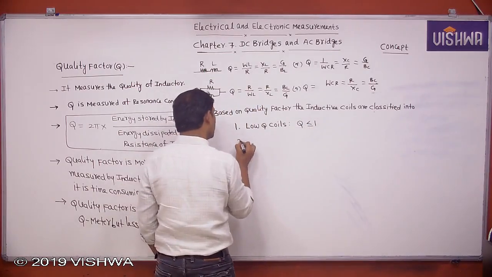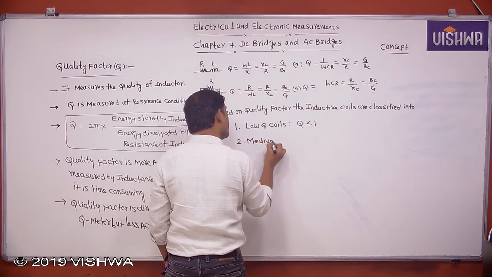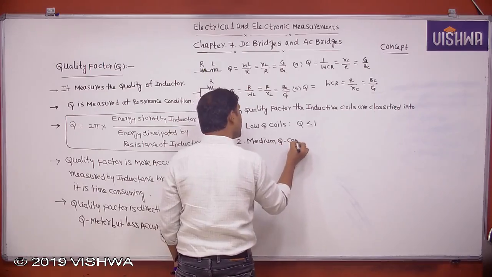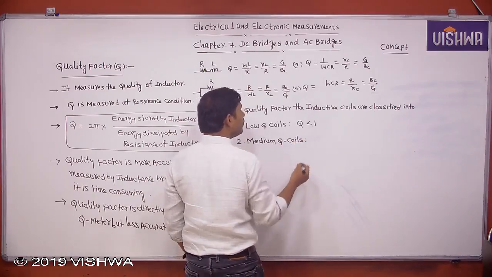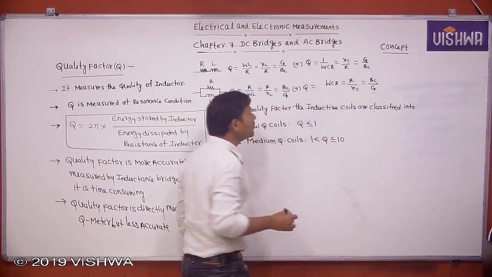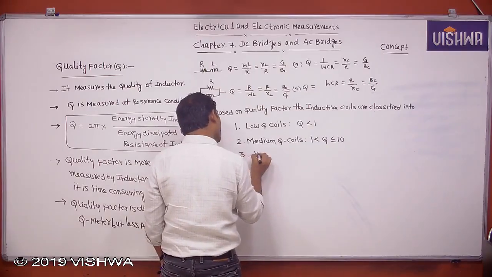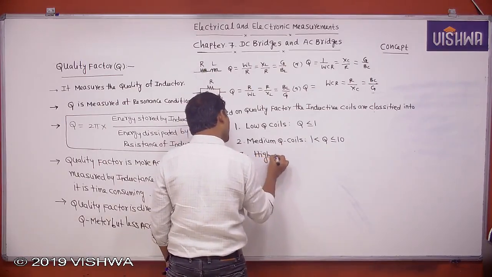Next, medium Q coils, medium quality factor coils. If 1 less than Q less than or equal to 10, those coils are called medium Q coils. One more classification is high Q coils, high quality factor coils.